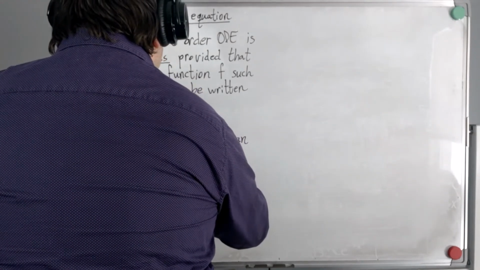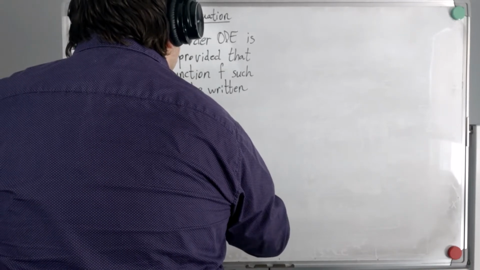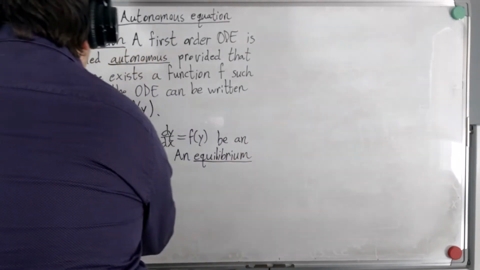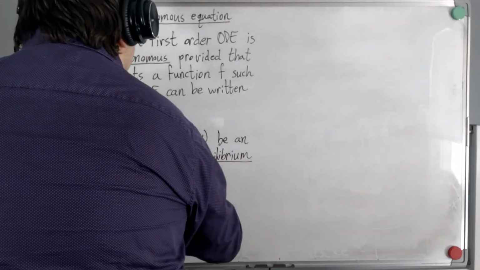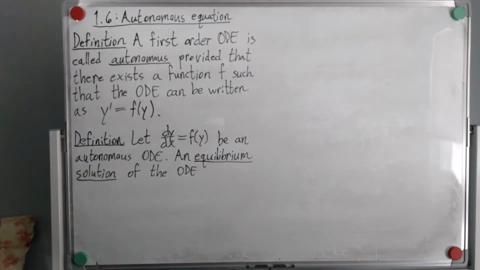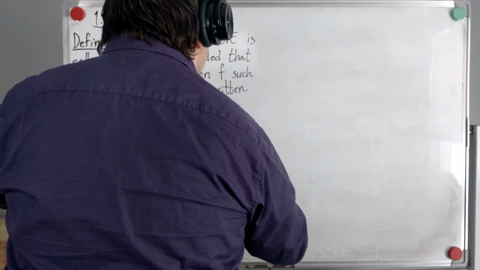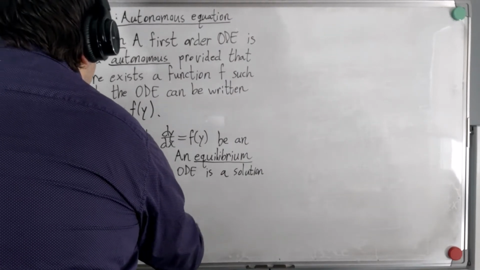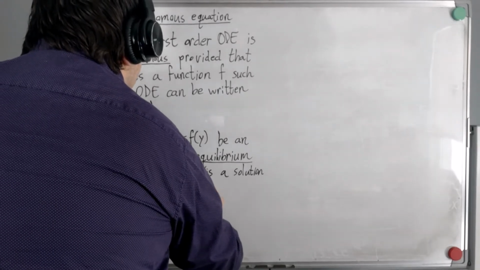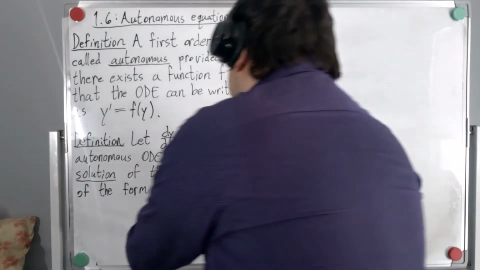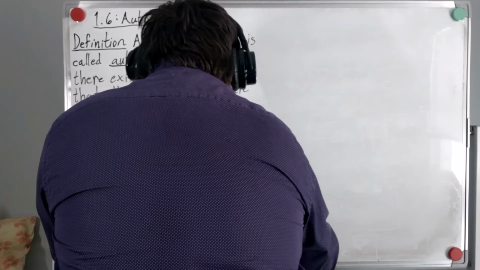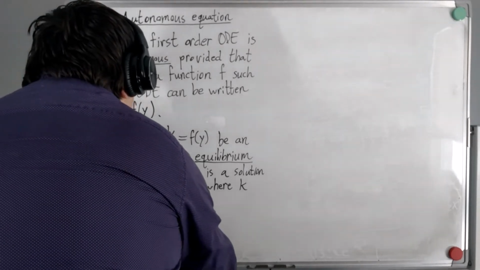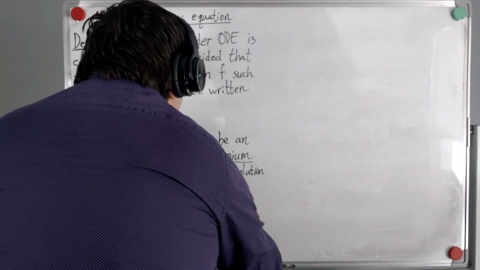An equilibrium solution of the ODE is a solution of the form y equals k, where k is a constant, and f of k equals 0.